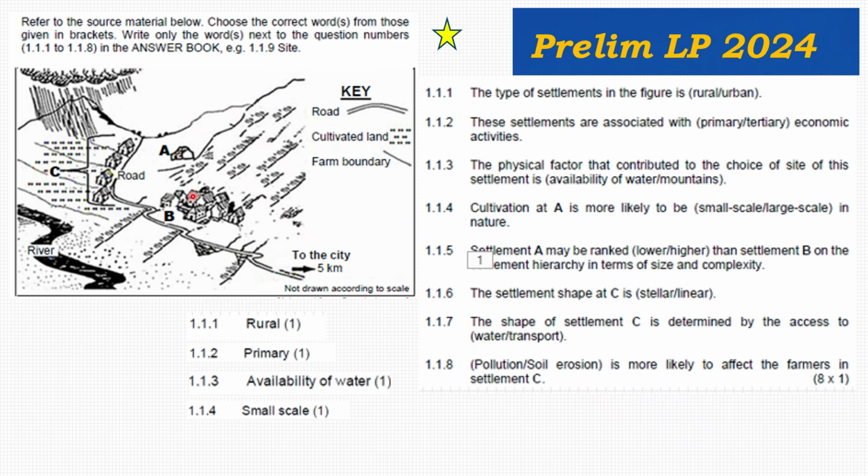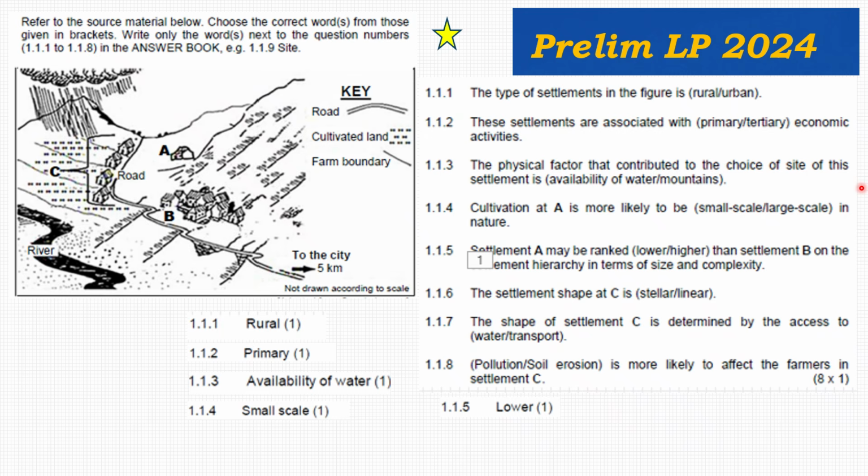You can see this one is likely a hamlet, right? So which one is lower? A has to be lower, right? A has to be lower because you can see A is an isolated farmstead, right? Yes, here's 1.1.5. It is lower in the settlement hierarchy.